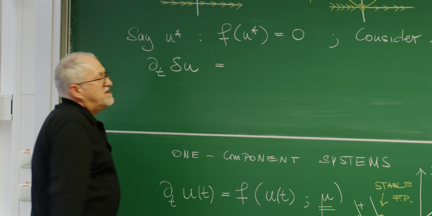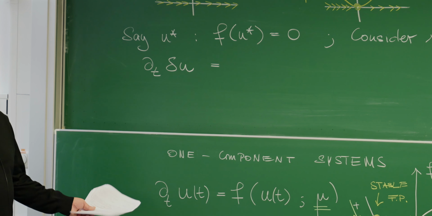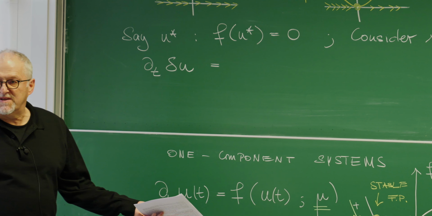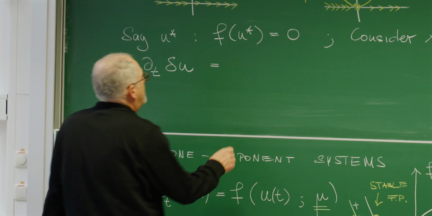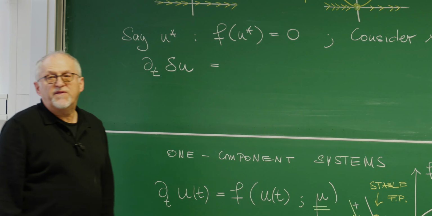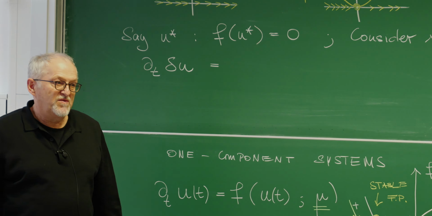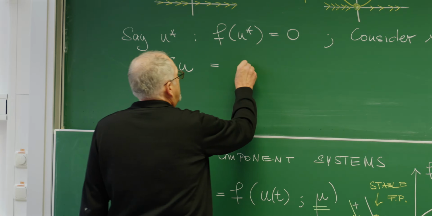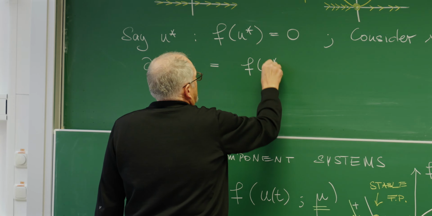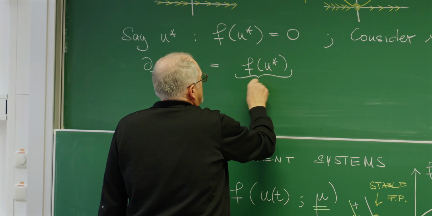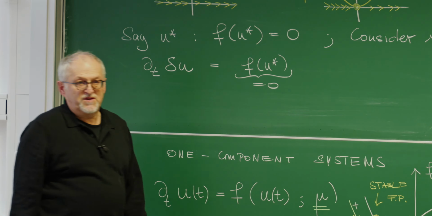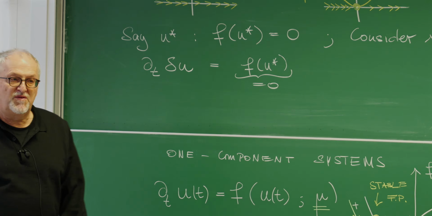Well, that's easy to say, right? I just need to perform a Taylor expansion on the right-hand side. The first term that you would get is f of u star, but that's 0. Okay? So we start from f of u star, but that's 0 by construction. The next term is the linear term.